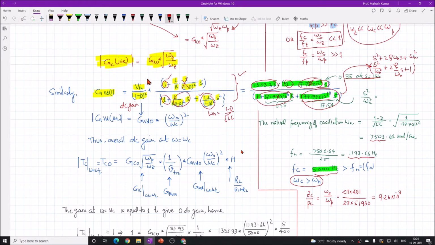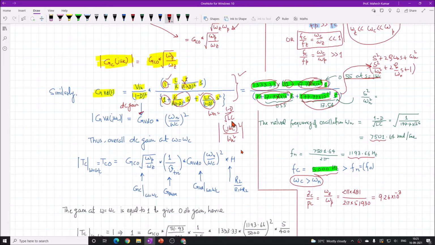We have only GBD0, which is the gain at 0 frequency, into omega n by omega c, because this is omega n square, this is omega c. So s becomes j omega c, square by omega n square. Since we are interested in the magnitude, j is ignored, or j square, minus 1, is ignored.